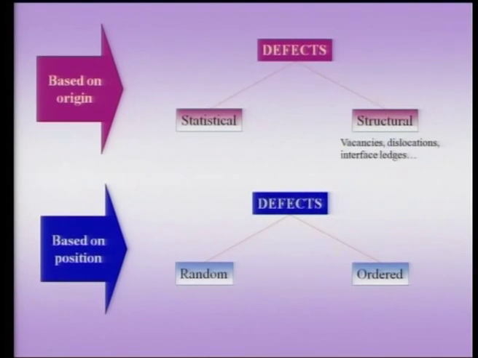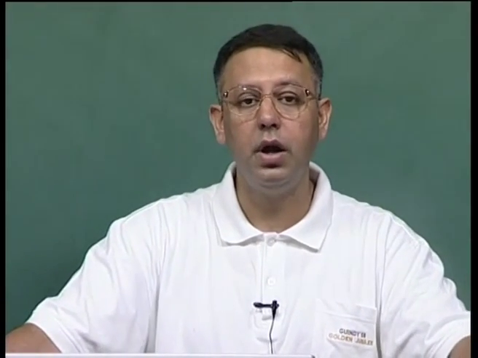Now, a structural vacancy on the other hand is not present because of thermodynamics of the system. For instance, we will take up examples, they may be present because of off-stoichiometry. That means if I have a compound like, a typical example, nickel aluminide NiAl, and I do not have a perfect 50-50 composition, I have an off-stoichiometric composition, this off-stoichiometry is accommodated by the presence of vacancies, and those vacancies are typically localized to a certain sublattice, and therefore they have a different origin, and their role in diffusion is very different from the statistically stored vacancies.